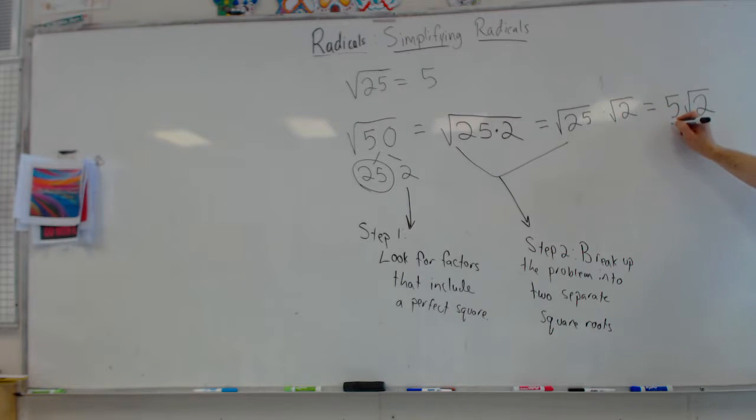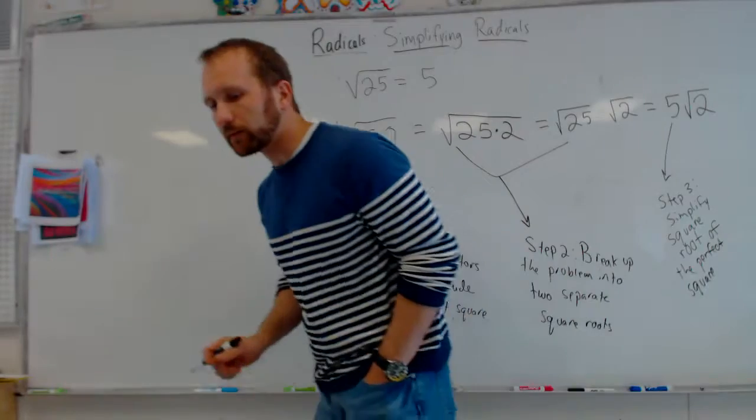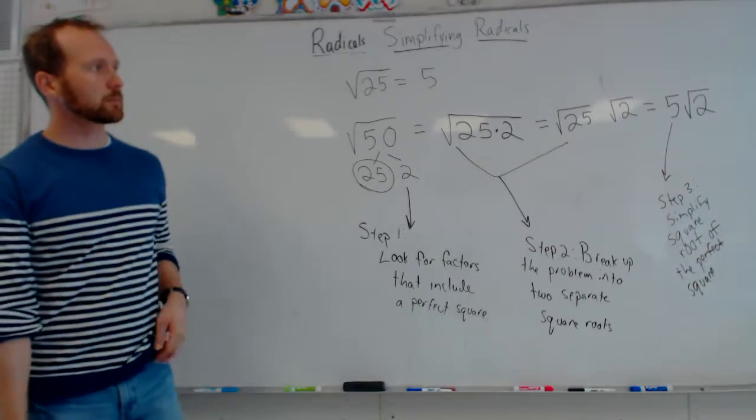And then step 3, I simplify the square root of the perfect square.